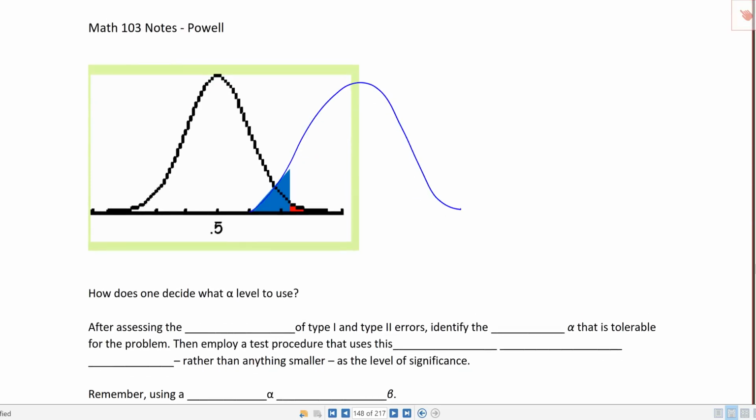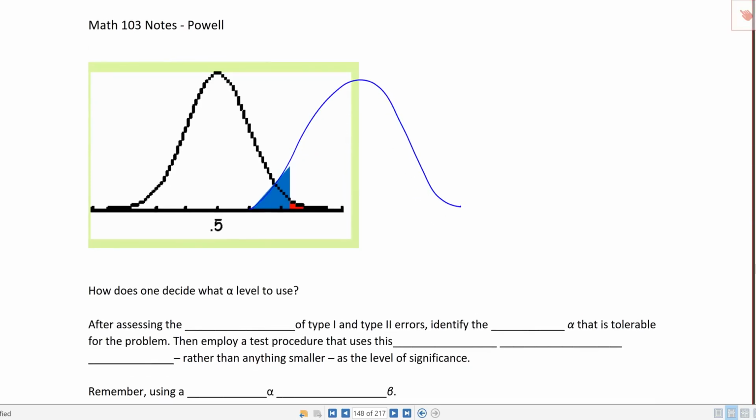If we make alpha 0.01, so suppose here that we decrease alpha to 0.01. So we make alpha even smaller than it was. Well, that is decreasing our type 1 error. Our type 1 error, alpha, becomes very, very small.